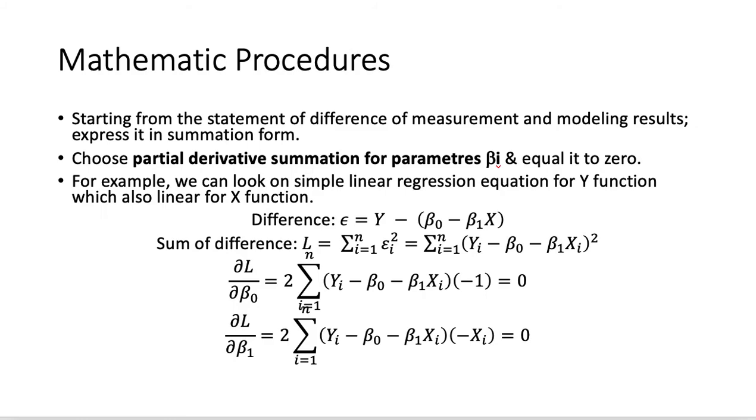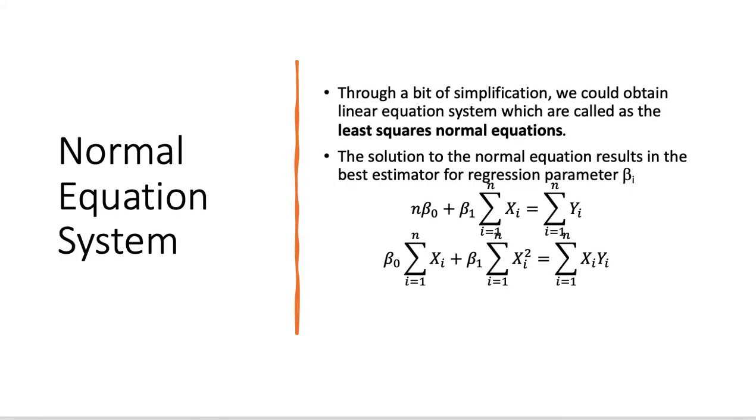The mathematical procedure to find beta 1 and beta 0 involves the partial derivative summation for parameters beta 1 and beta 0, as we can see in this slide. With a bit of simplification, we can obtain the linear equation system, which is called the least square normal equations.